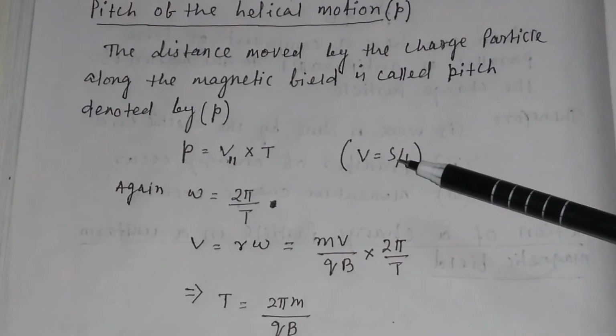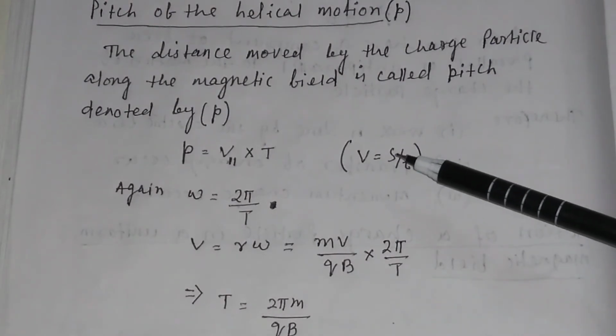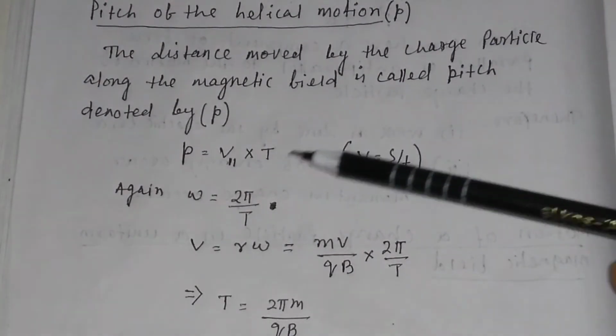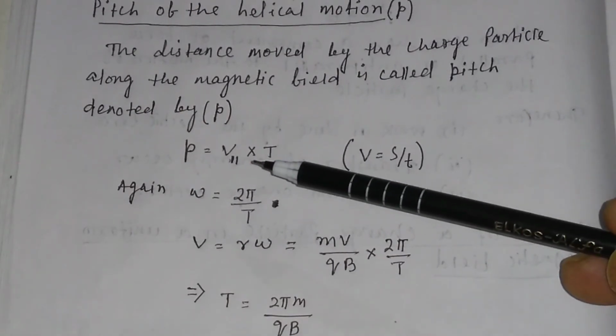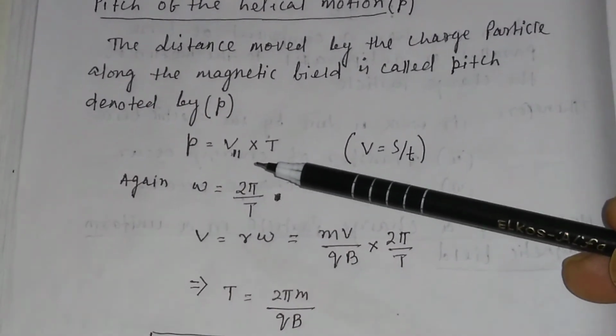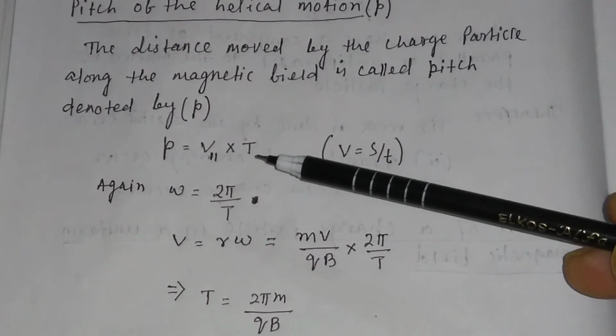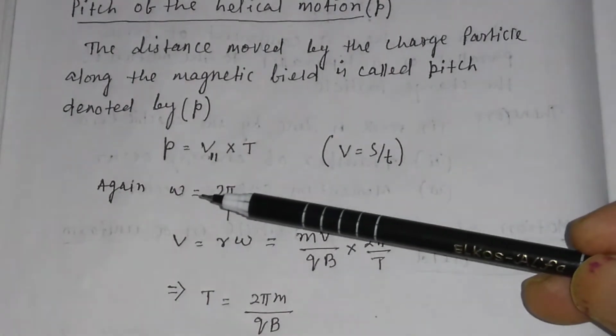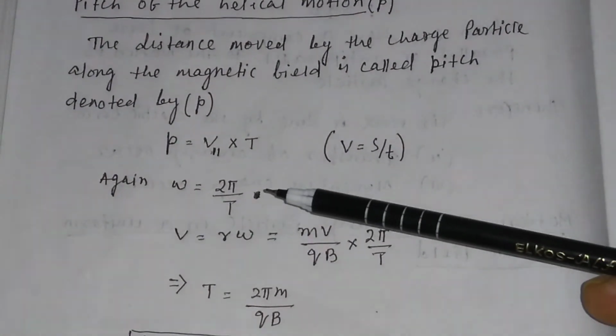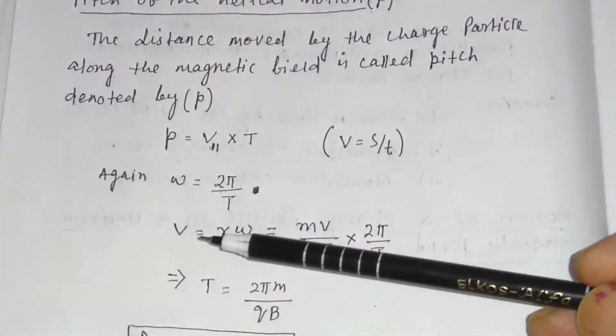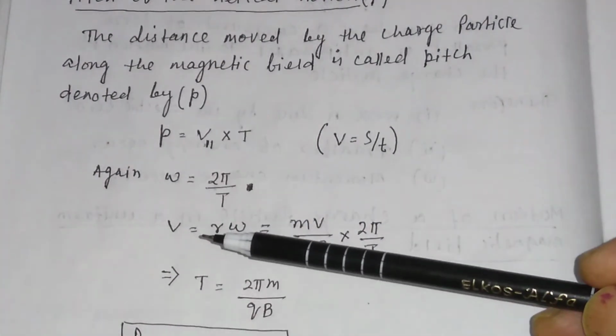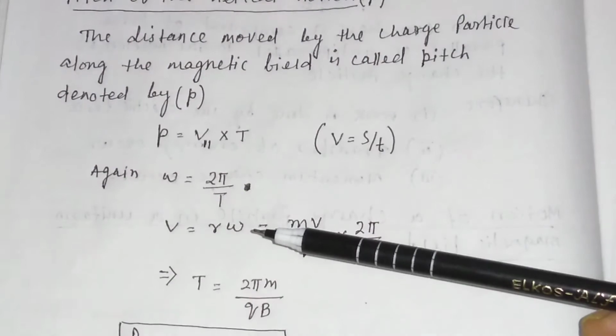And we know v equal to s divided by t. So s will be equal to vt. Putting this relation, p will be equal to the parallel component of the velocity times the time period. And we know the angular frequency omega is equal to 2 pi by time period, and the linear velocity is equal to r into omega.